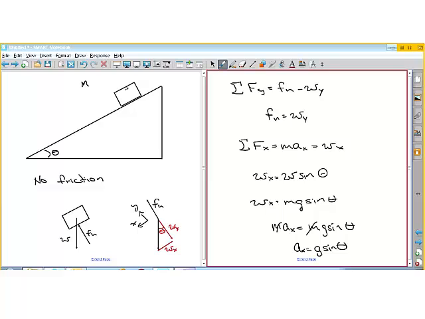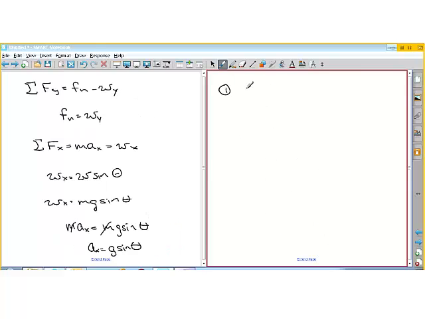So if we had a problem like this, we could start at zero velocity and calculate the final velocity. So one possibility would be, given that the initial velocity is equal to 0. They would say it starts at rest or something like that. We also know a sub x is equal to g times the sine of theta.